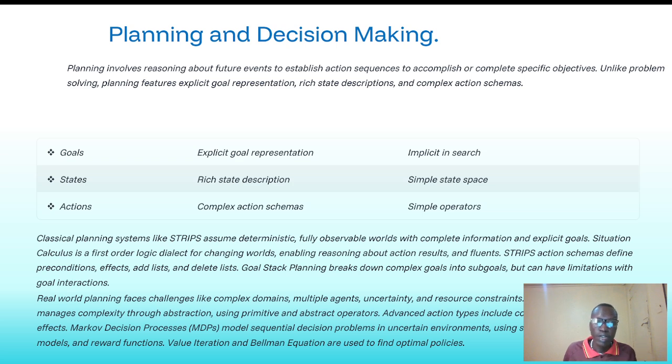In this way, classical planning systems like STRIPS assume deterministic, fully observable worlds with complete information and explicit goals. Situation calculus is a first order logic dialect for changing worlds, enabling reasoning about actions, results, and fluents.